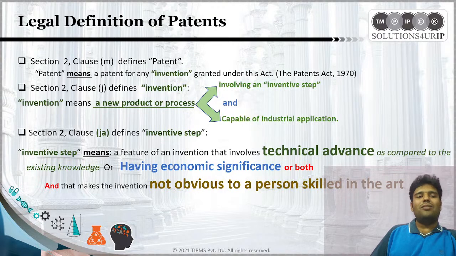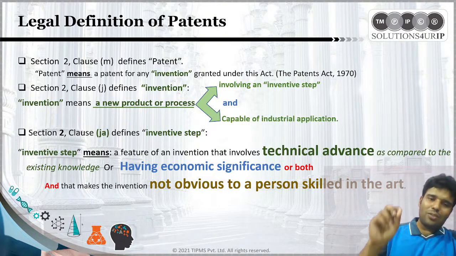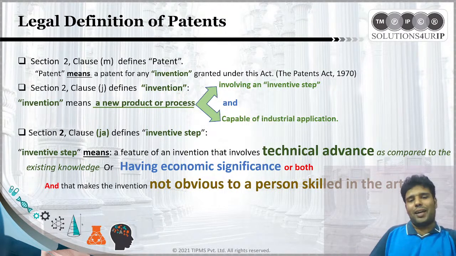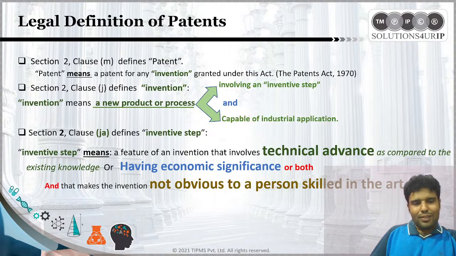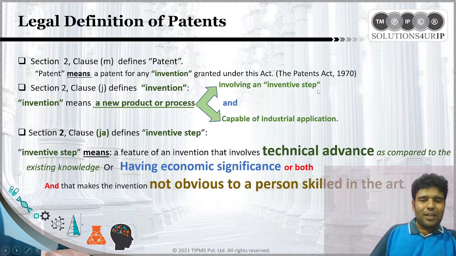Now section 2(1) clause j defines what is invention. 2(1)(j), which we will need so many times in our life, and also 2(1)(ja). Invention is defined as: invention means a new product or process involving an inventive step and capable of industrial application.